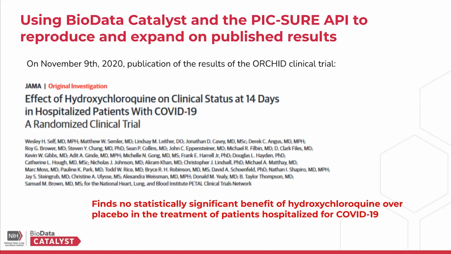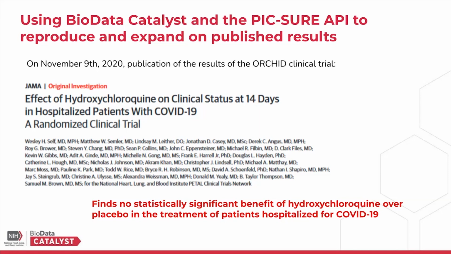Interestingly enough, they used a clinical scale. They did not base their results on biological results, like the very early studies that have been reporting alleged benefits from hydroxychloroquine used biological results. So this is important to notice.